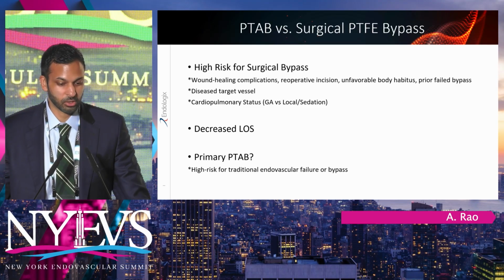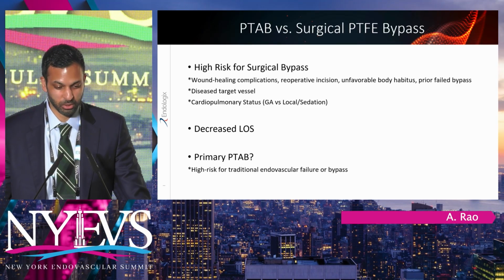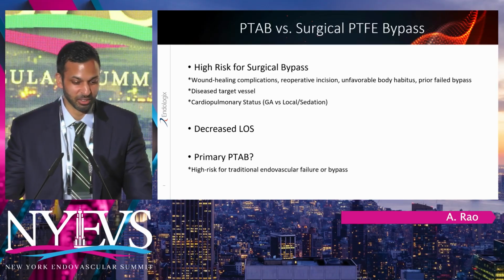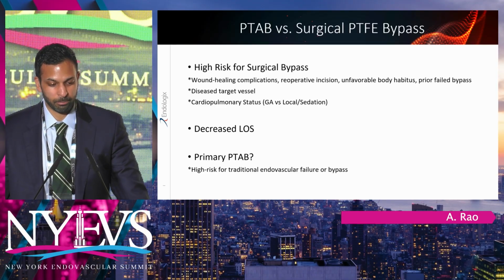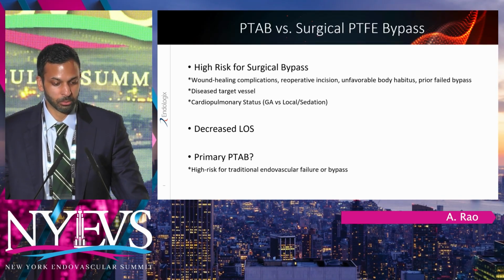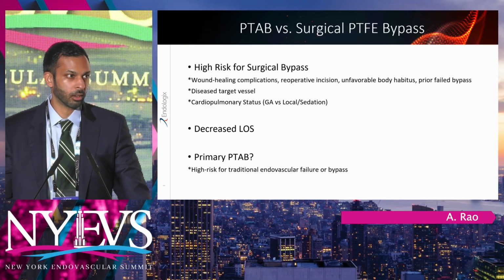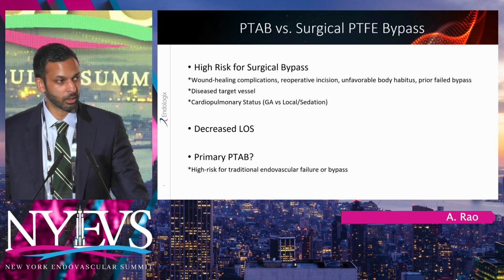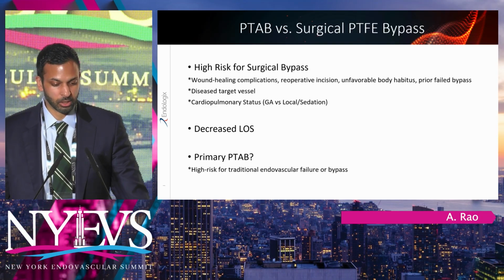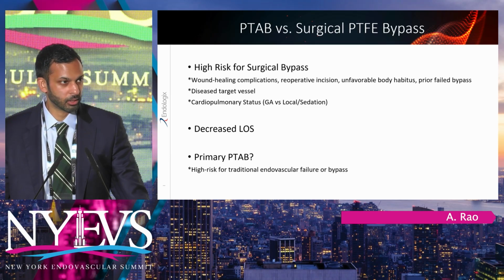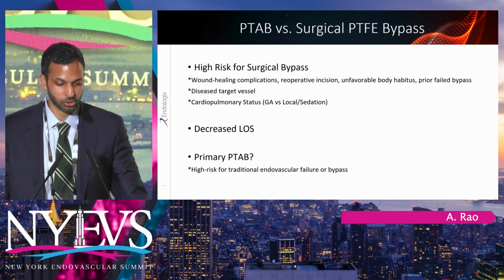Now, I'm a vascular surgeon, and I love open surgery, but there are some patients I don't want to operate on. So there are patients that would be high risk for surgical bypass. Number one, of course, those with poor cardiopulmonary status. Maybe they have bad CHF, COPD, someone that I don't want to put under general anesthesia.